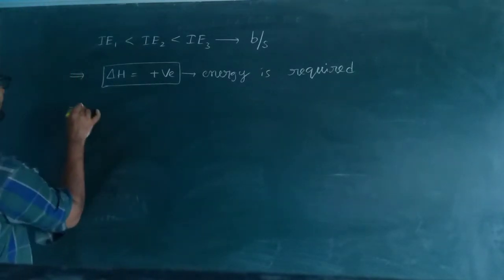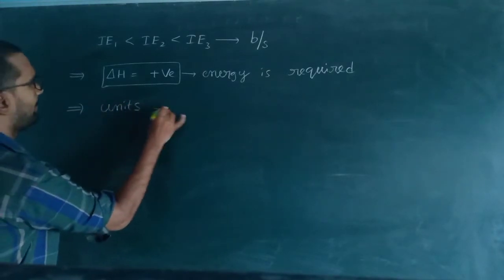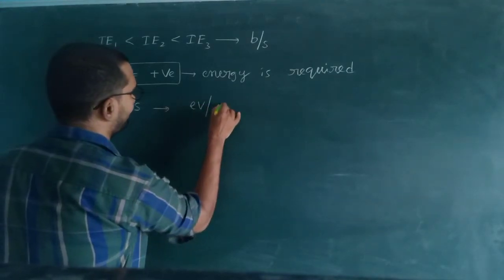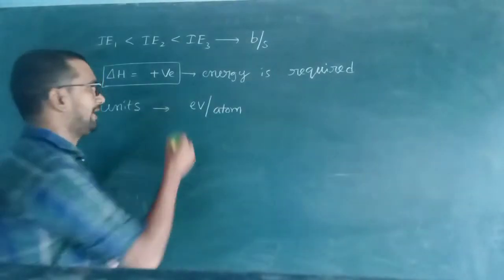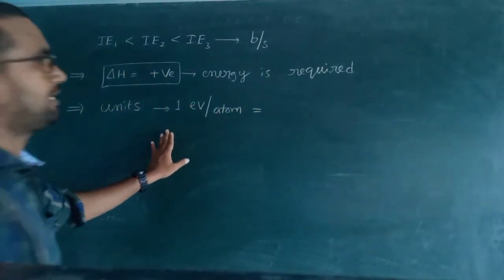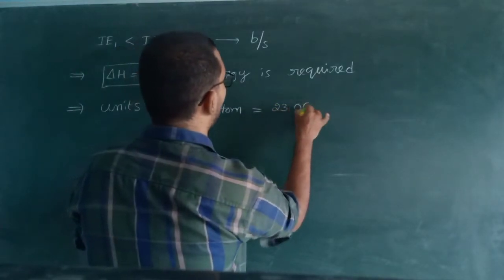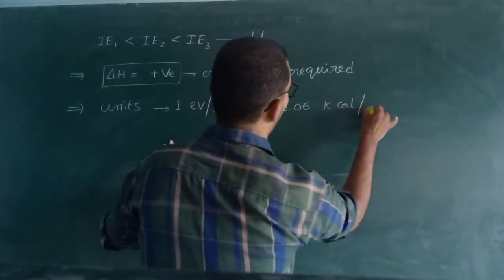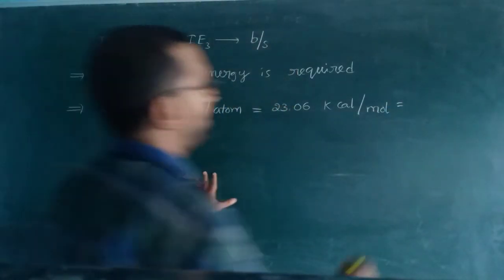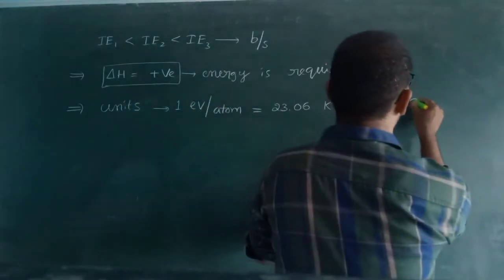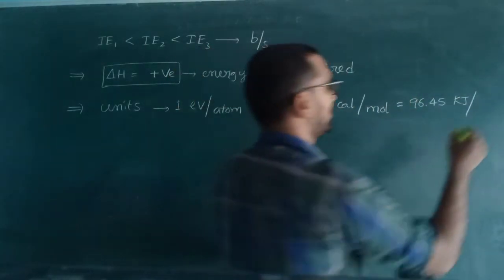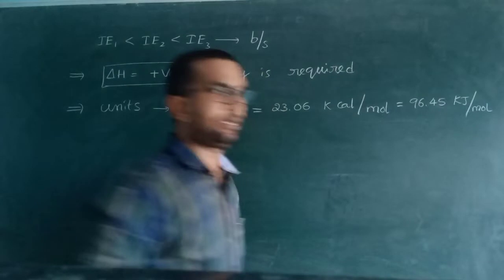Now units. What type of units are used? Electron volt per atom. 1 electron volt per atom means 23.06 kilocalorie per mole, and this is equal to 96.45 kilojoule per mole.